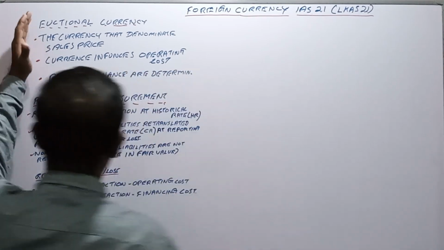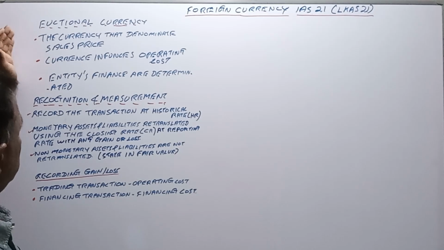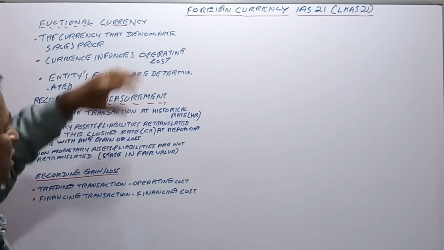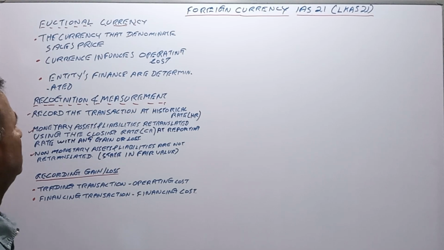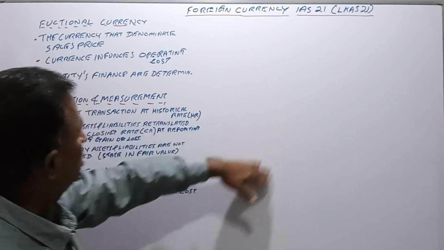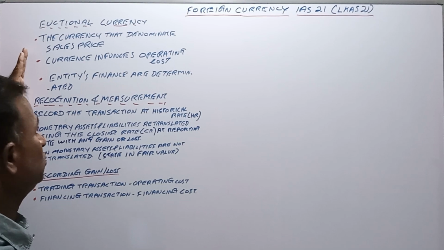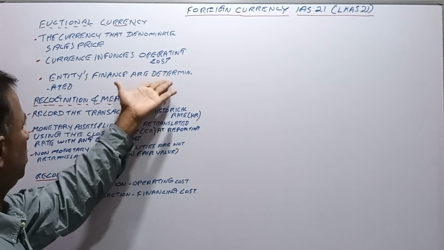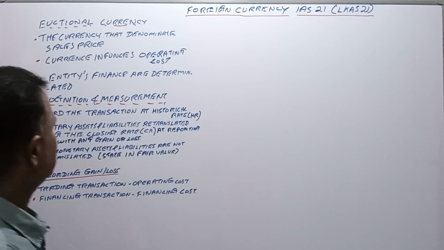First of all, you have to identify your functional currency by observing the currency that denominates the sales price, in which currency we denominate the selling price, the currency that influences operational cost, the currency we use to cover our operating cost, and the currency in which entity finance is determined. The second one is recognition and measurement.